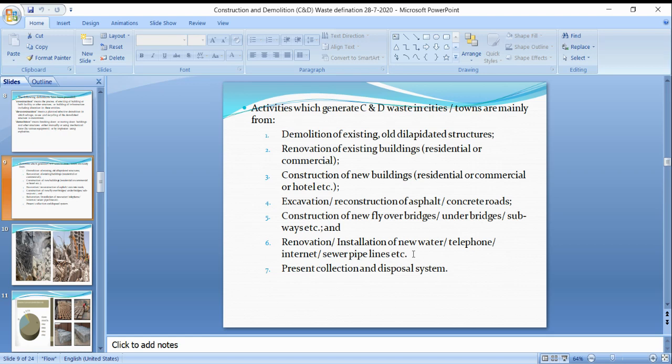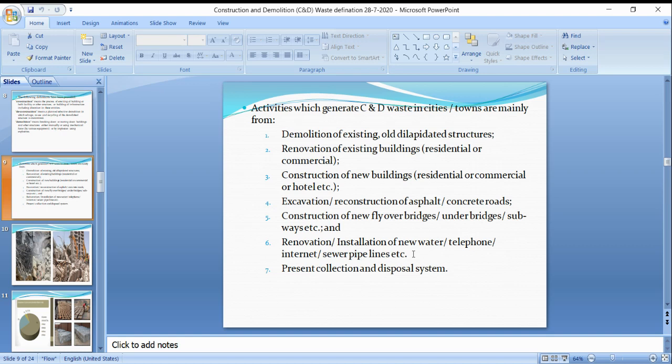Construction of new flyover bridges, underbridges or subways, etc. Renovation or installation of new water, telephone or internet, sewer pipelines, etc. If you require a new water pipeline, a telephone exchange, or any internet resources, all those renovations, and also sewer pipelines, come under this waste generator.